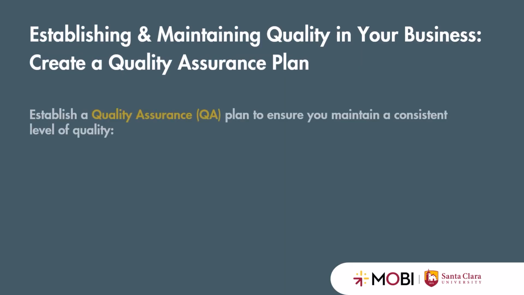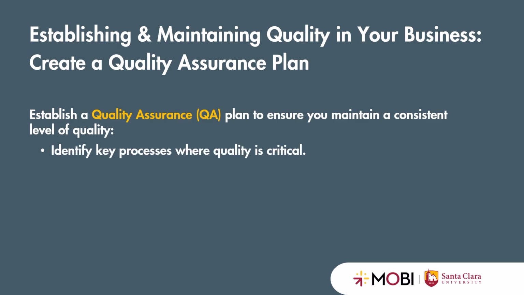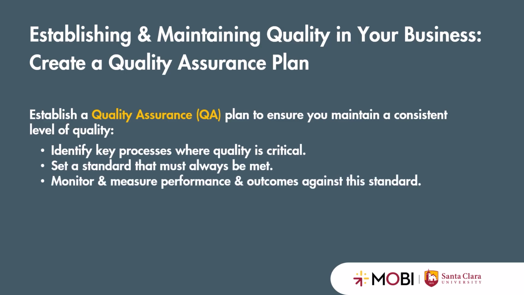As a business owner, you'll establish a quality assurance or QA plan to ensure you maintain a consistent level of quality for your product or service by identifying key processes and areas where quality is critical, and then setting a standard that must always be met. You can then monitor and measure performance and outcomes against this standard in order to manage quality.